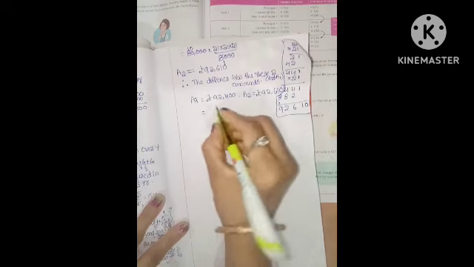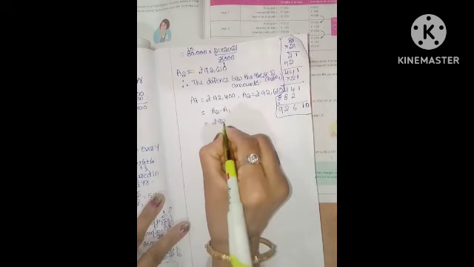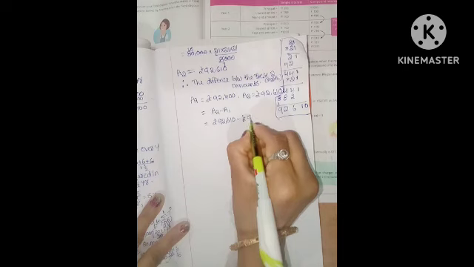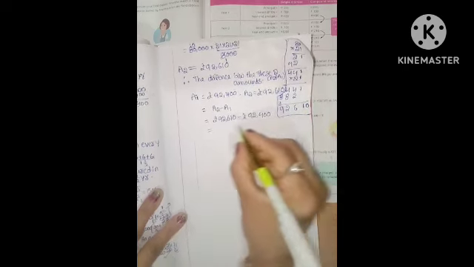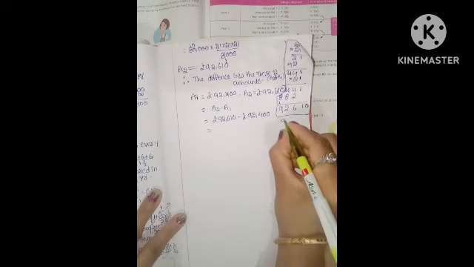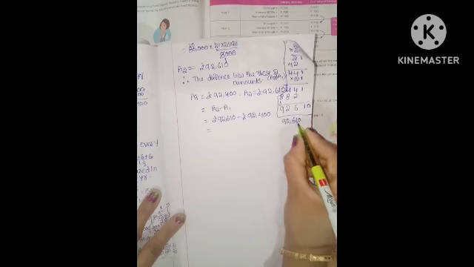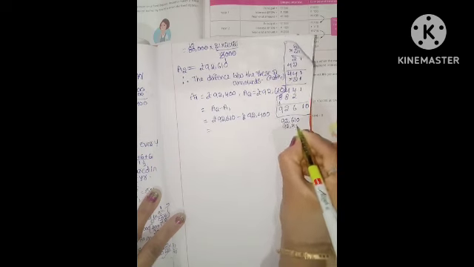The difference between these two is A2 minus A1. How much amount will we get? 92,610 minus 92,400.